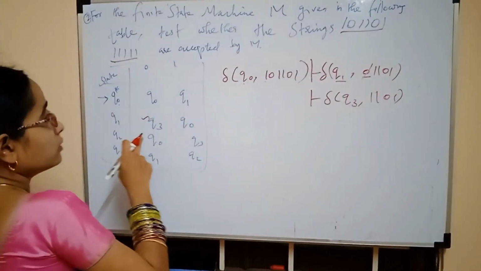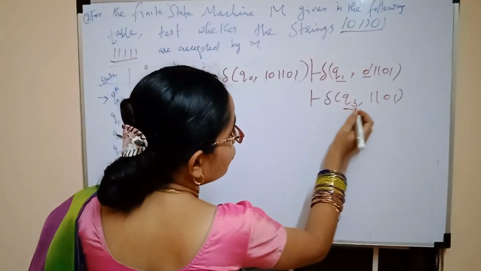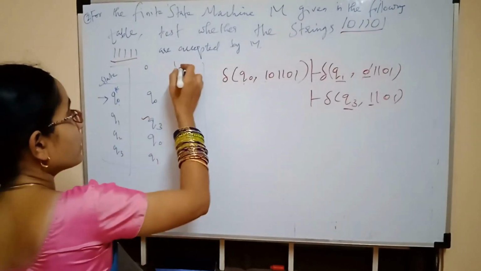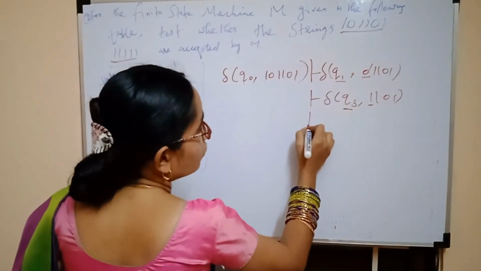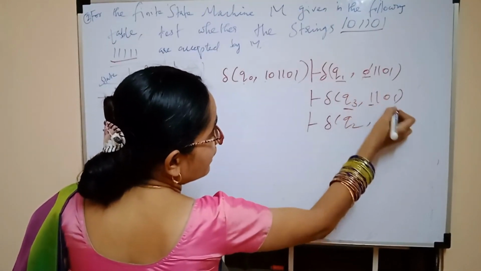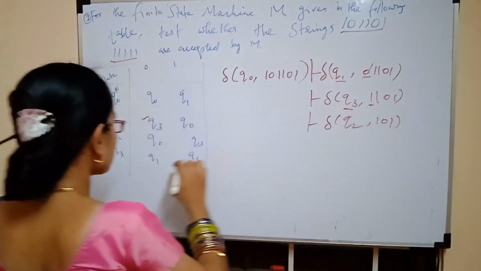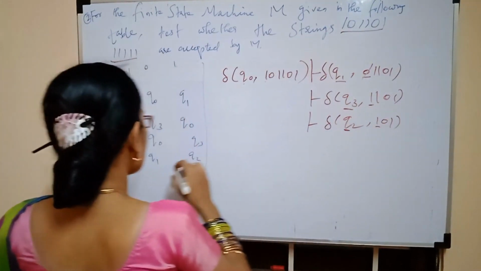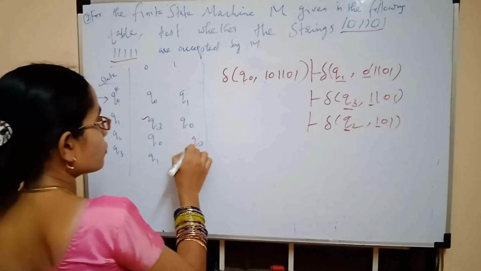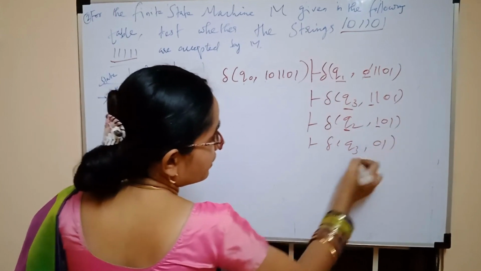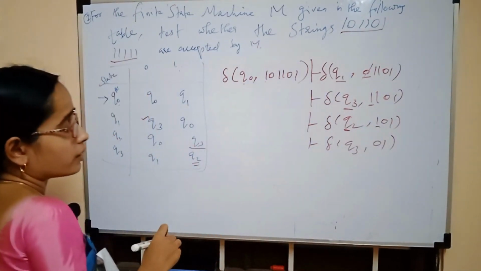Okay, and then being in state q3, on seeing the symbol 1, q3 on 1 it goes to q2. So I make this q2 and write the remaining symbols. Then being in state q2, looking at the symbol 1, q2 on 1 it goes to q3. So I make q3 and the remaining symbols are 0, 1.